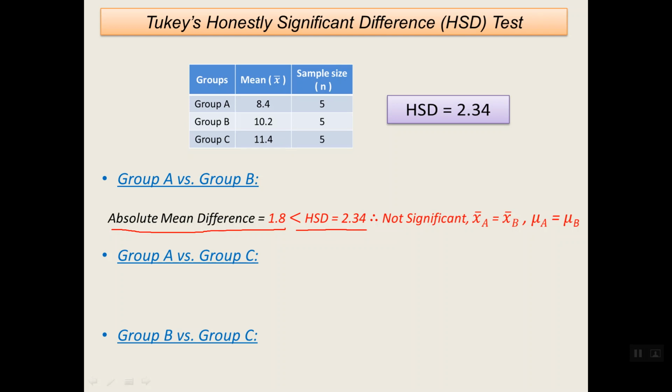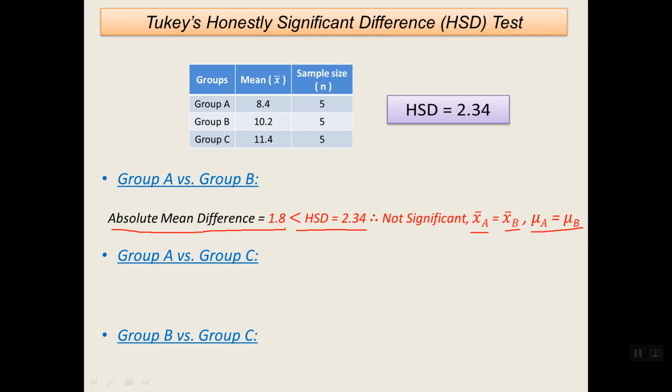So we conclude that there is no significant difference between the mean of group A and the mean of group B, which means simply that X bar A is the same as X bar B, which means that the mean for the population A is the same as the mean of population B regarding the variable we are interested in.